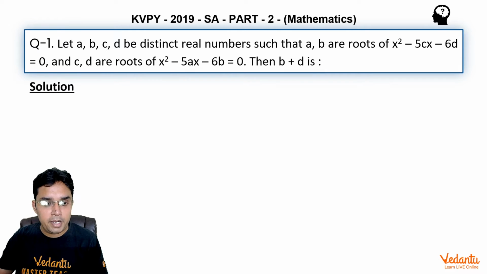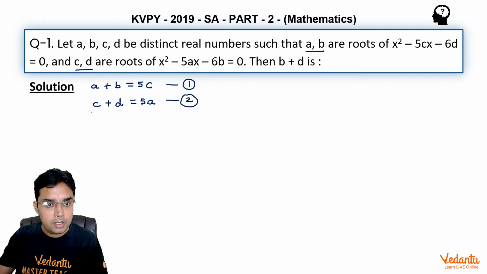Okay, to find B plus D, I will use the sum of roots relation. A, B are roots of this quadratic, so we can write A plus B equal to 5c, and let us call this equation number 1. Similarly, C, D are roots of the second quadratic, so C plus D is equal to 5a.